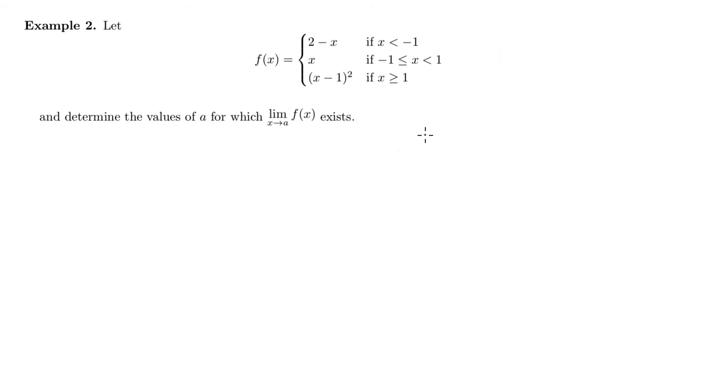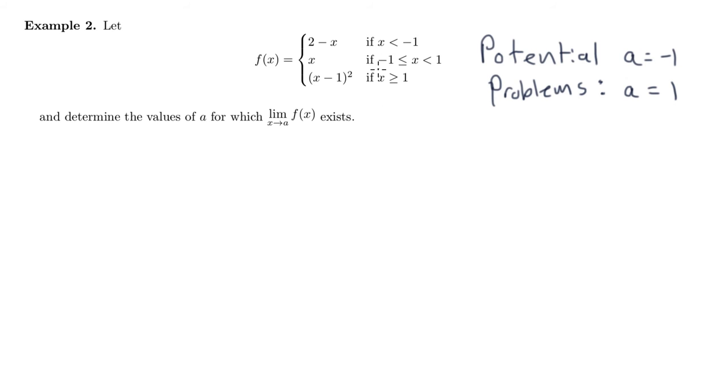There's no ambiguity about looking from the left and from the right, except at the points x equals -1 and x equals 1. So the potential problems are a equals -1 and a equals 1, because that's where two different pieces of the piecewise function meet, and we need to make sure that they line up for the limits to exist.